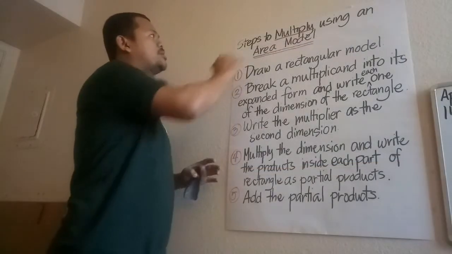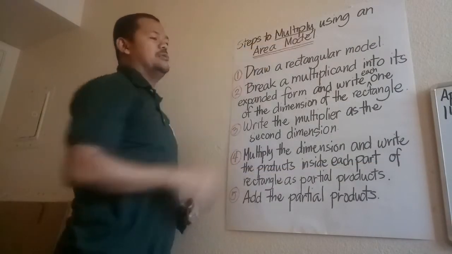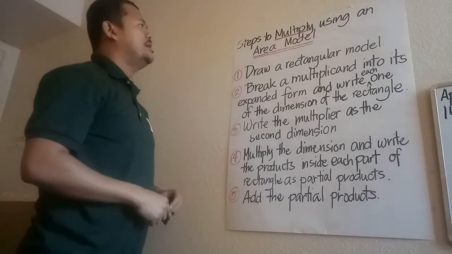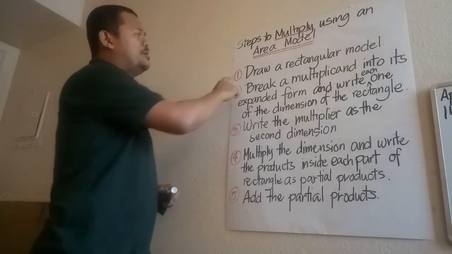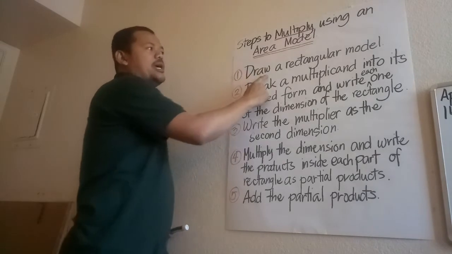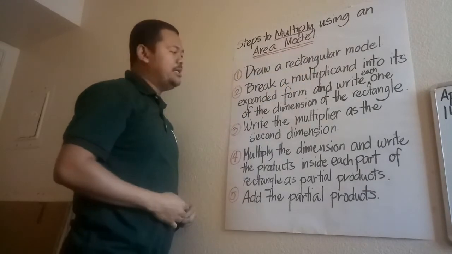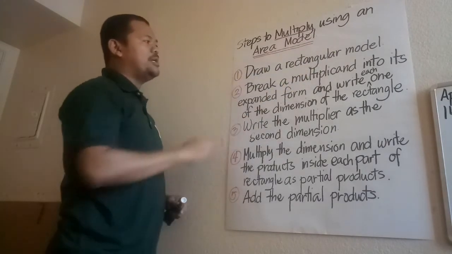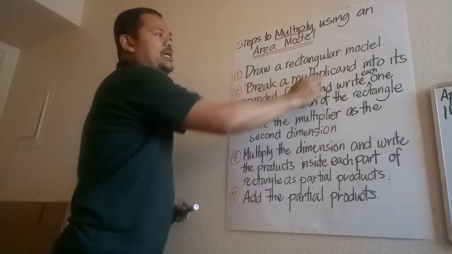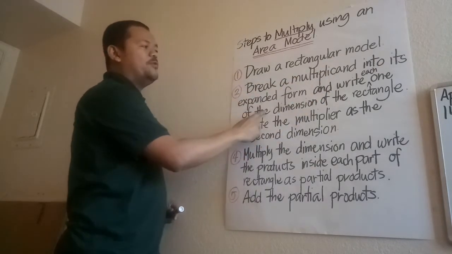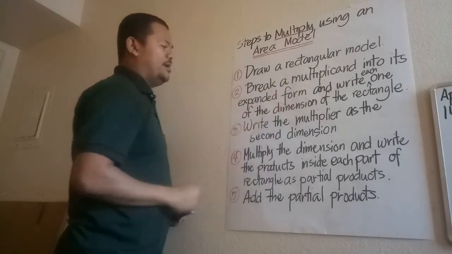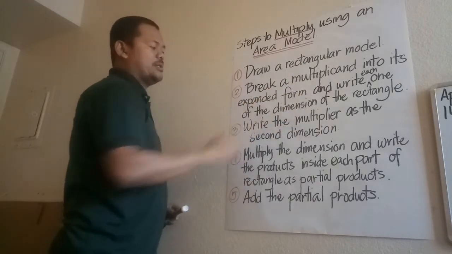Now I got here the steps to multiply using an area model. First, we draw a rectangular model. Number 2, we break the multiplicand into its expanded form and write each one as a dimension of the rectangle.